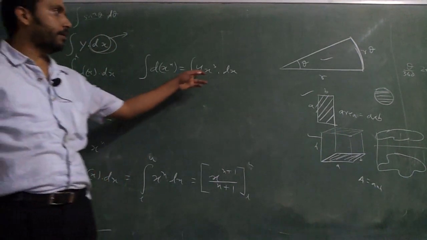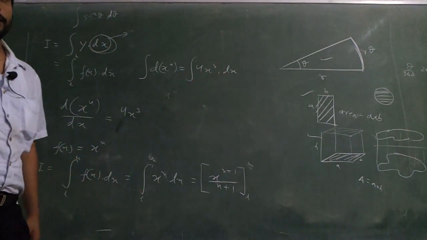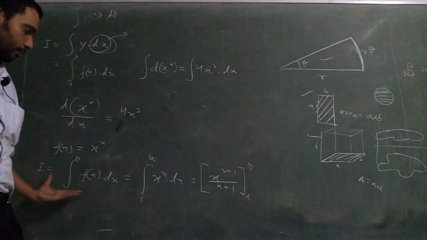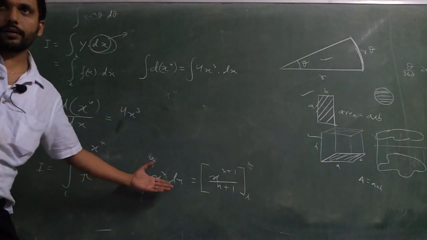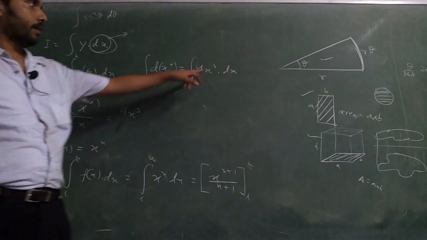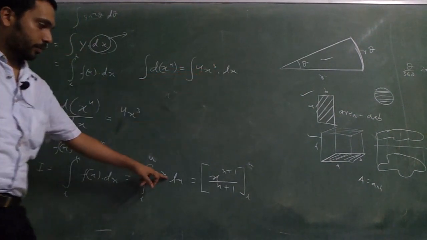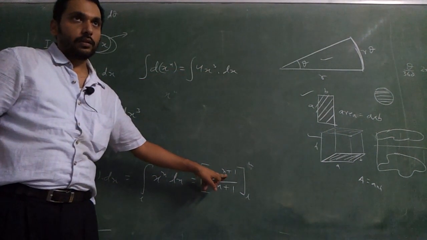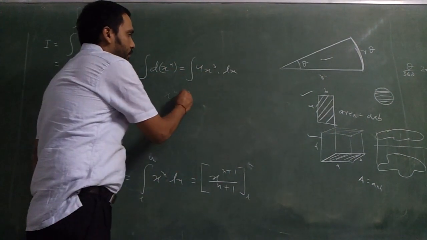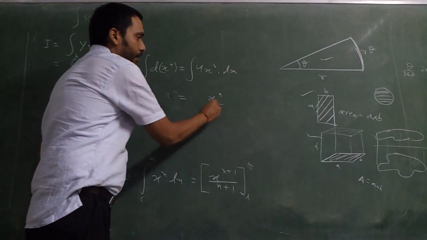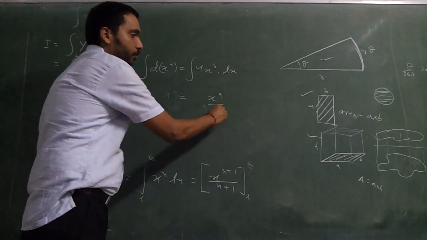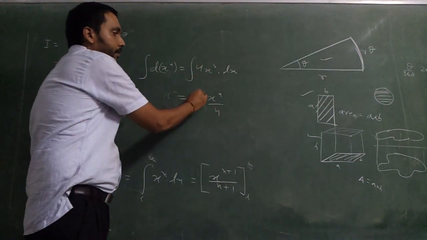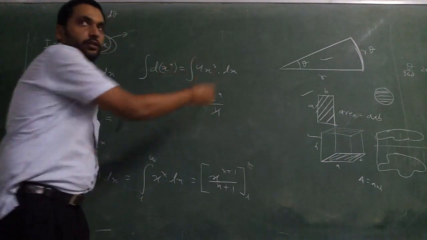What do you mean by integration of this? Integration of this will be done according to this formula, and if I do it by this formula, n over here is 3. So it becomes 3 plus 1, x power 4 divided by n plus 1, which is 4, and 4 was already there, so you get what is on the left hand side.